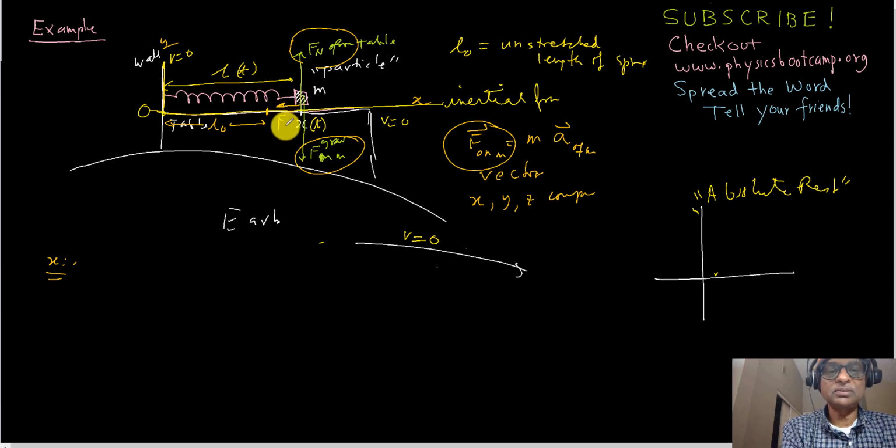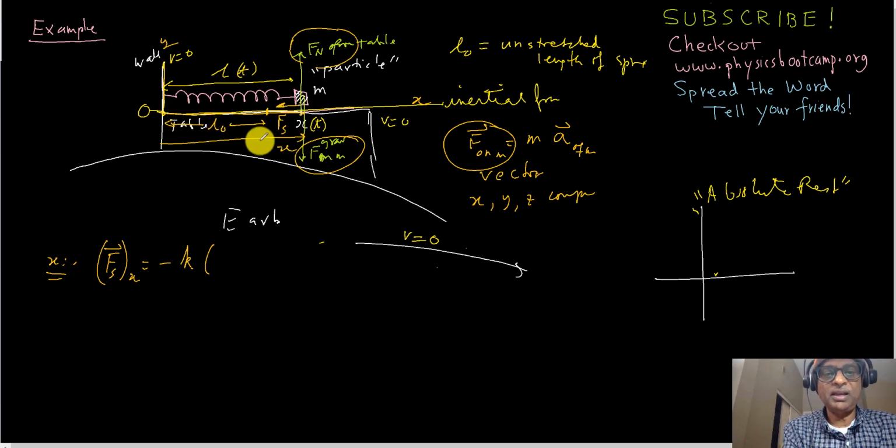The spring force's x will be, now it's pointing in the negative direction, some spring constant k. From here to here is x, but the force is only from the stretched part, so x minus L0.